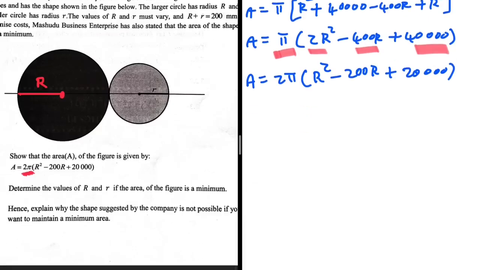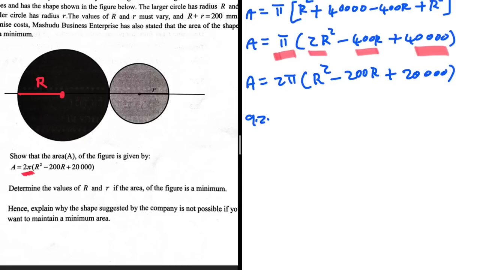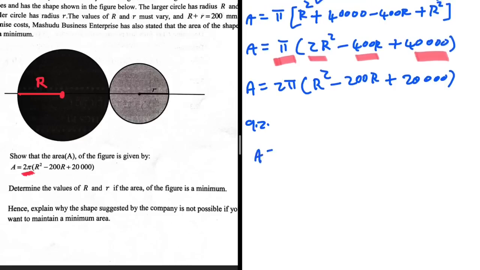9.2 says, let's determine the values of capital letter R and small letter r if the area of the figure is a minimum. So the area is 2 pi R squared minus 200R plus 20,000. We want this to be a minimum.